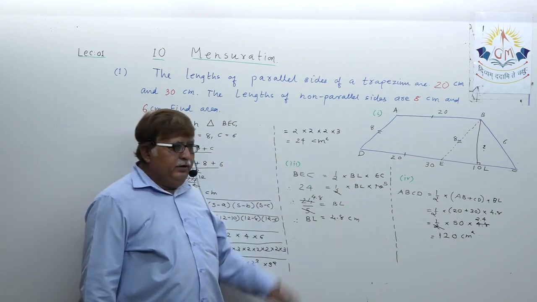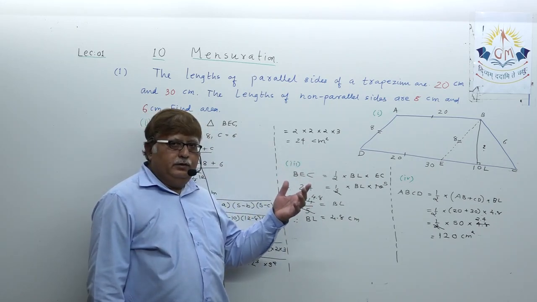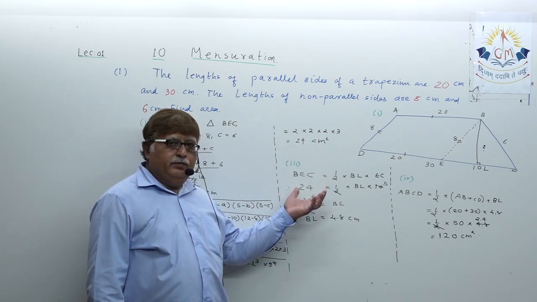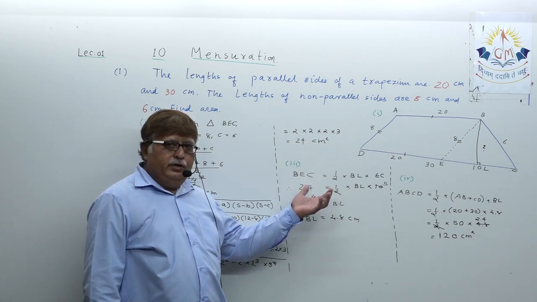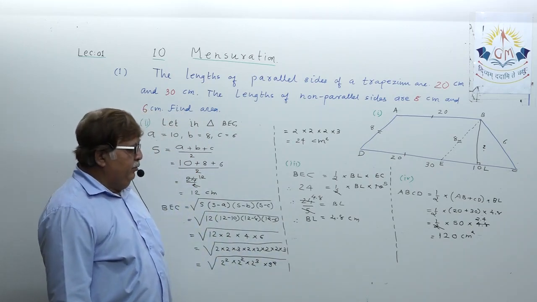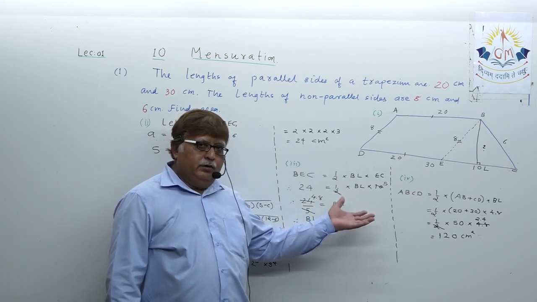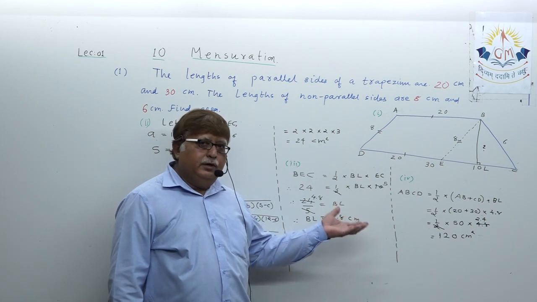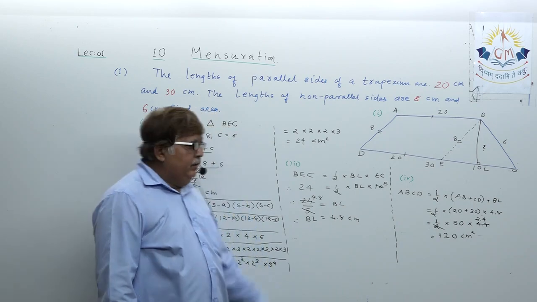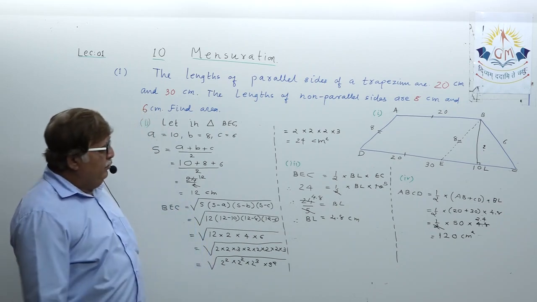Then your attention has to be on finding the altitude in triangle BEC by taking the formula half into base into altitude. After finding altitude, now it's simple. Step number 4. Your complete concentration has to be now on finding the area of trapezium by simple application of the formula you already know.